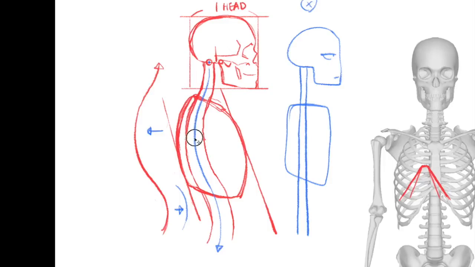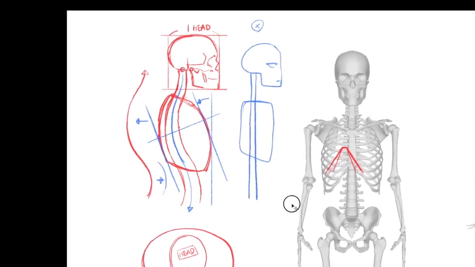Because the spine is curved, your ribs are also slightly leaned this way. So always remember that, if you look from here, it's always leaned that way. So that's important to know.